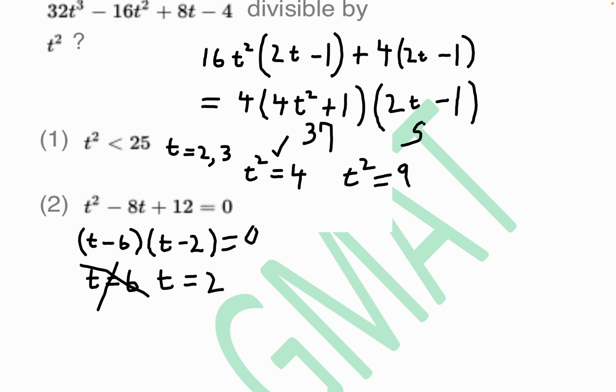Okay, and so you see, this is not divisible. This expression, 4 times 37 times 5, cannot be divisible by 3 because the prime factor of 3 is not present right here. So we would X out this condition right here, which means we're Xing out t equals 3.